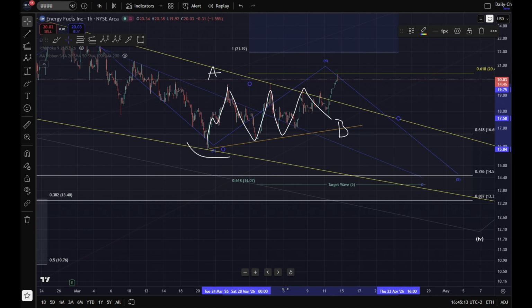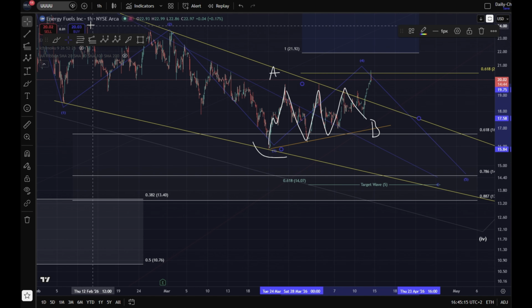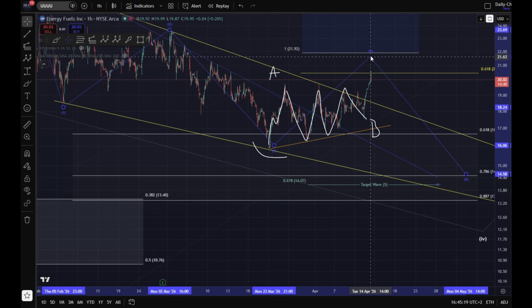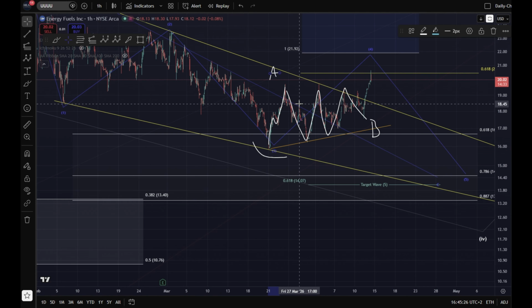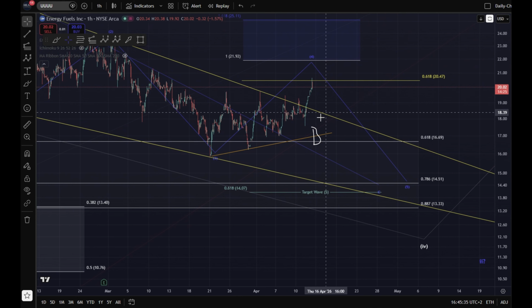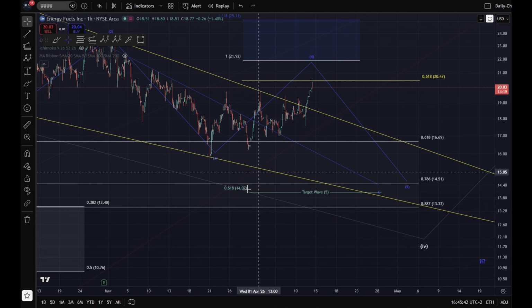That is above the golden ratio here. And therefore we would break our wave 4 resistance. So let's clean up our chart here. So the idea is probably if we break now with a sustained break above this level, I would look for the $20.92 next.